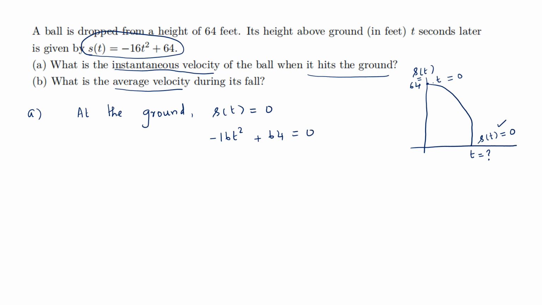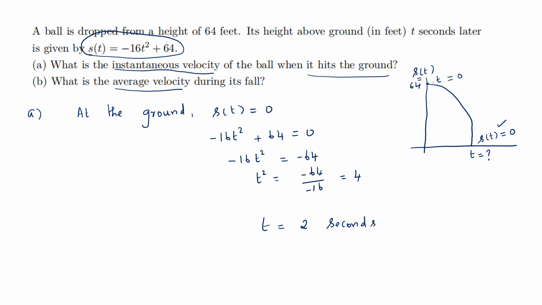From this equation, we have to find the t value. Minus 16t square equal to minus 64. So t square equal to minus 64 divided by minus 16, which is equal to 4. So t equal to, it is a time and time is positive, so I take 2. So at 2 seconds it reached the ground.